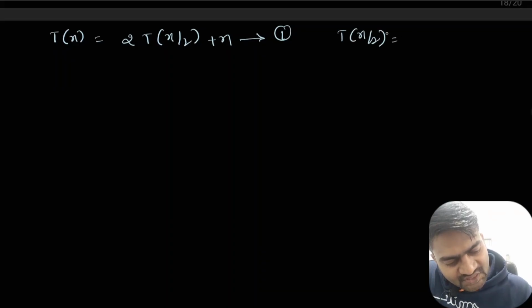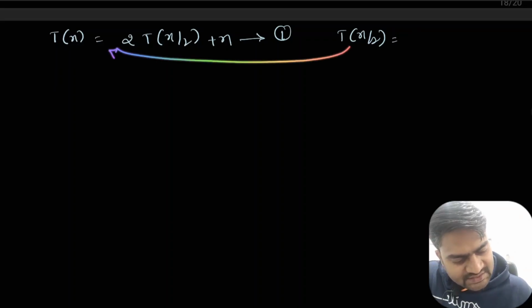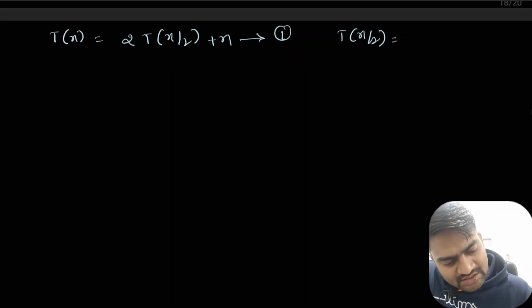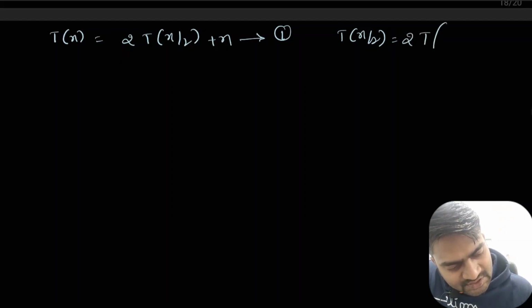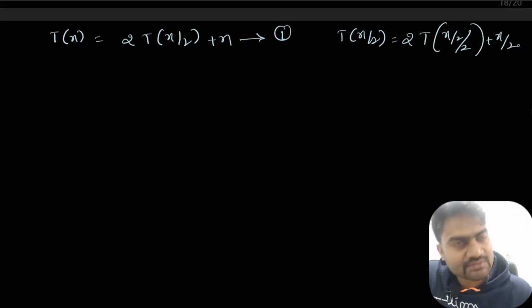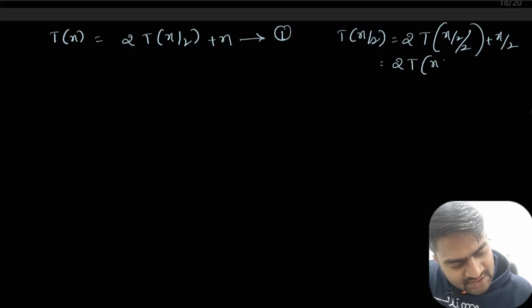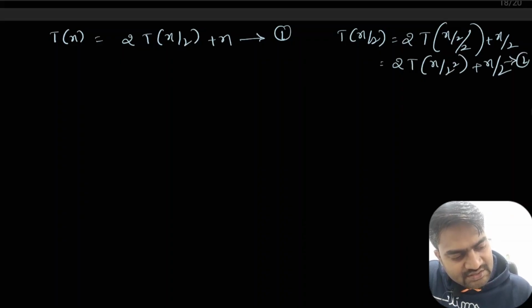So if I substitute n by 2 wherever n is there, using this equation, what happens? It will be 2t of n by 2 by 2, okay, plus n by 2. Now if I simplify this, this is 2 of n by 2 square plus n by 2. This is my second equation.